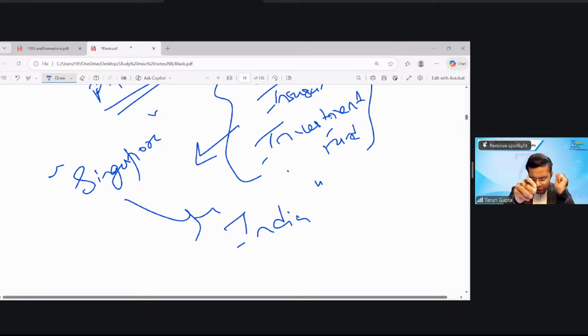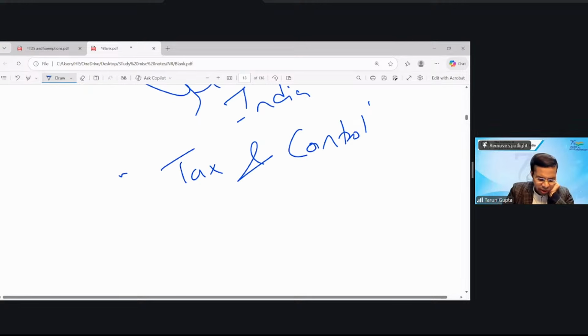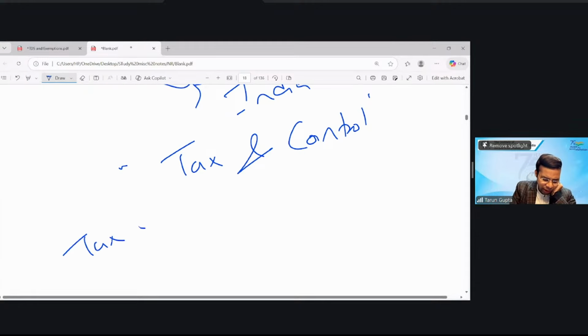So the Indian government thought this is not right. We are losing a lot of tax and control over our own money because of our tax and regulatory provisions.